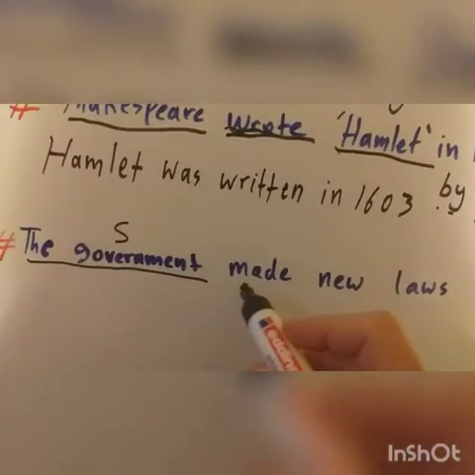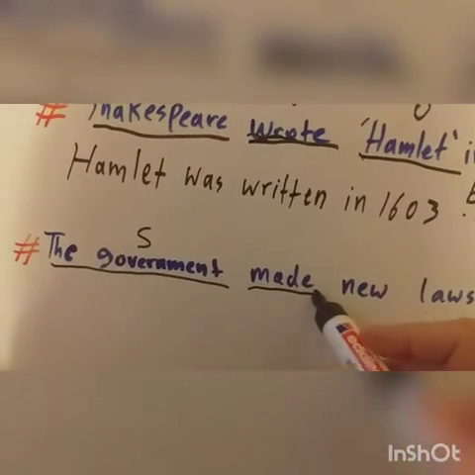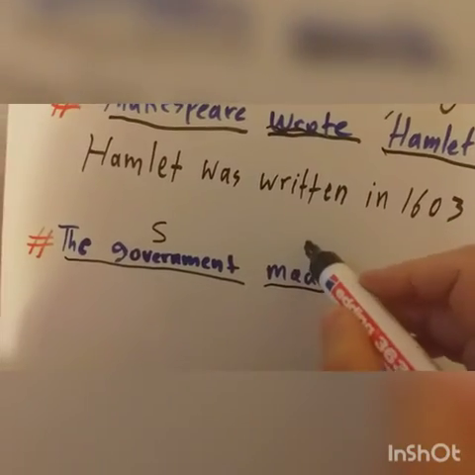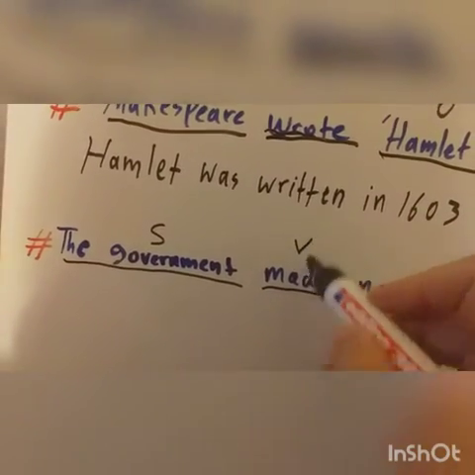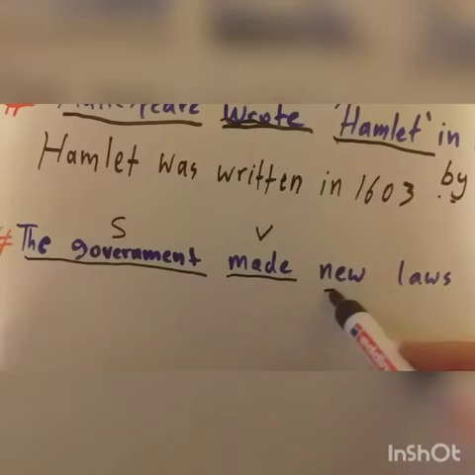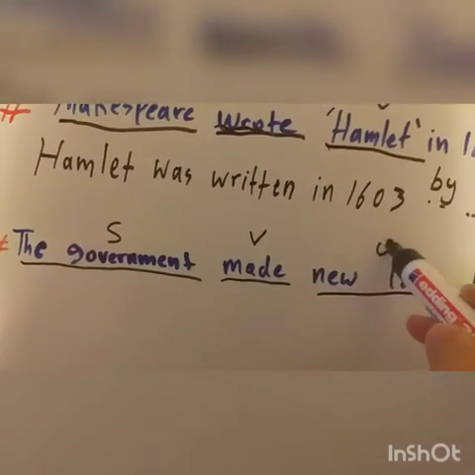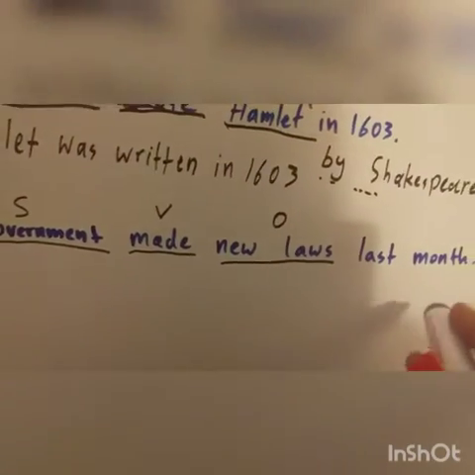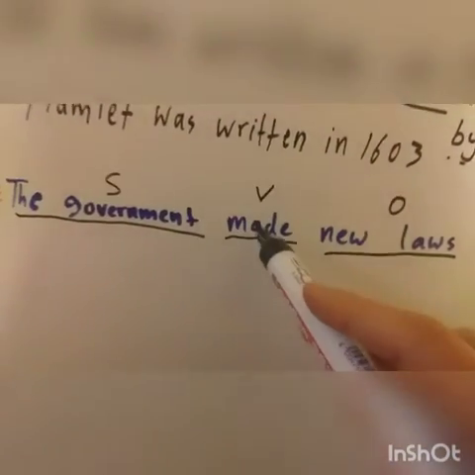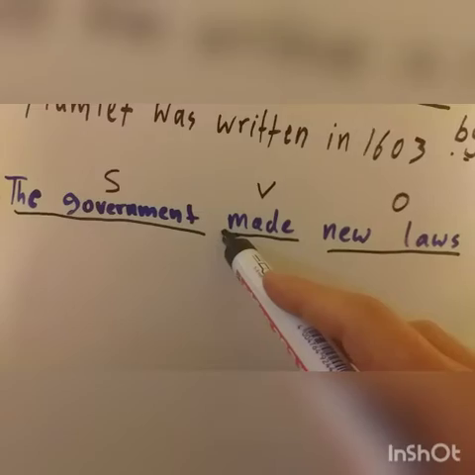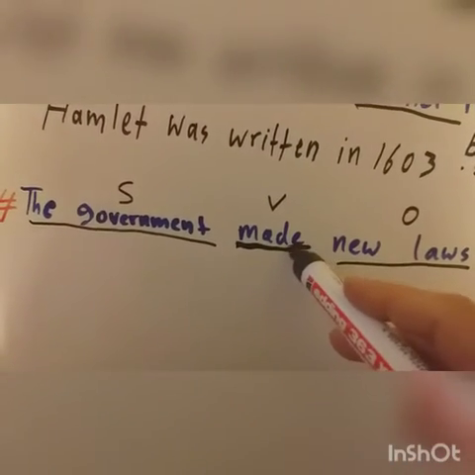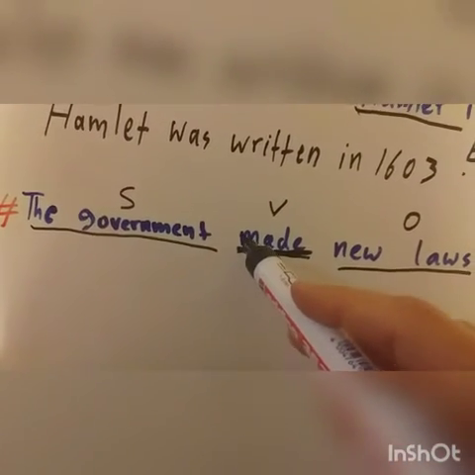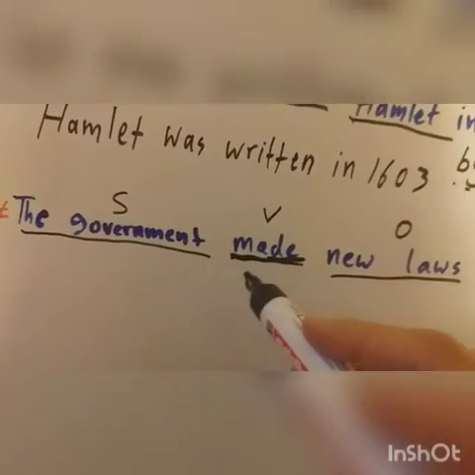They made, so this is the verb, and new laws is the object. The government made new laws last month. So it is in the past simple. So the verb made is the past simple form from the verb make.